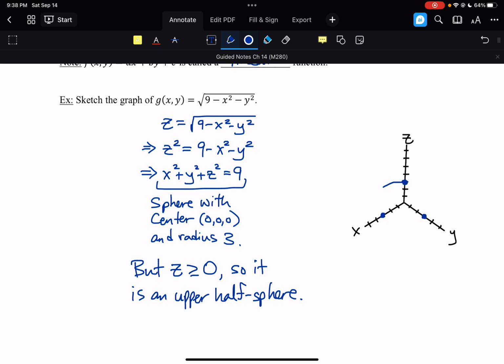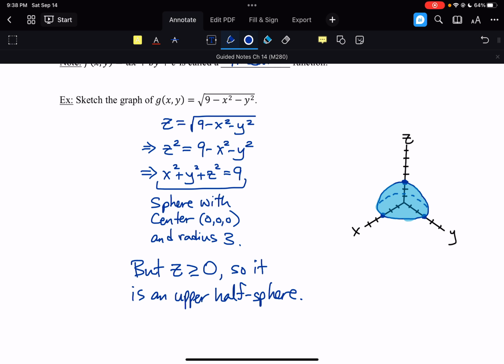So we're going to go something kind of like that. Okay, so here we have the upper half sphere.